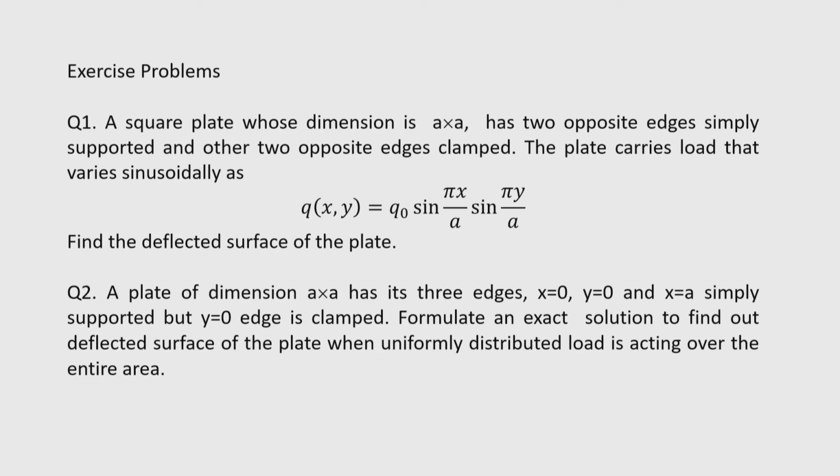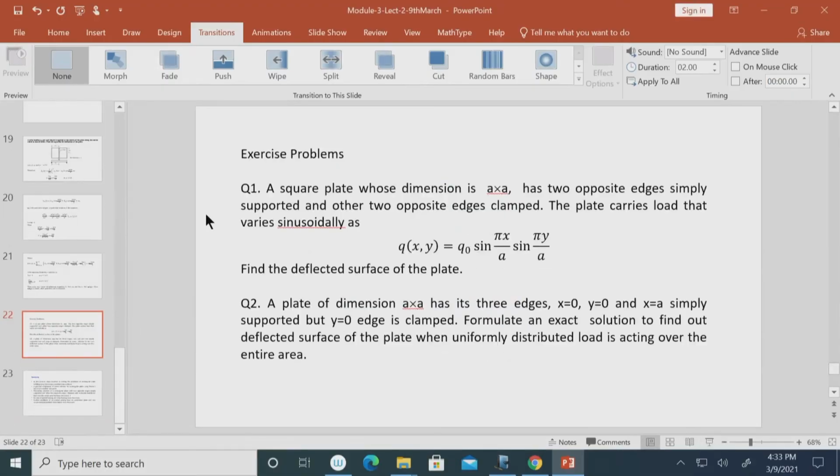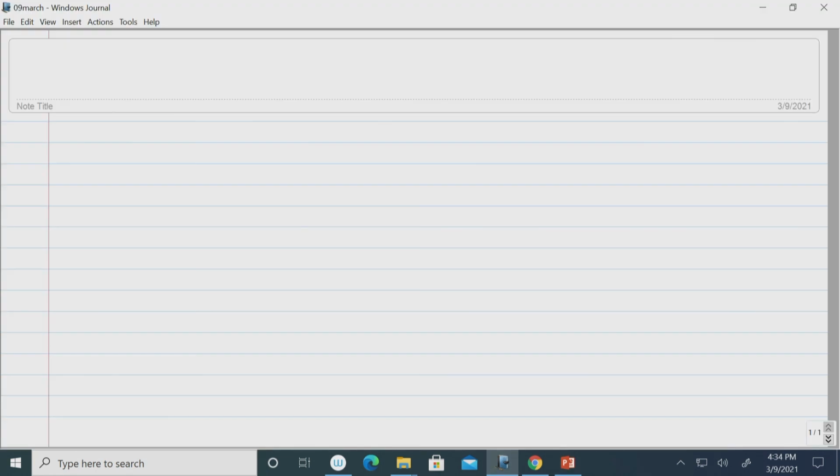Okay. So, let us solve this problem and show you how this problem can be tackled using the method that we have learned in Levy's condition. Okay. So, first problem is this.